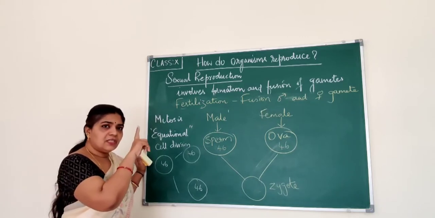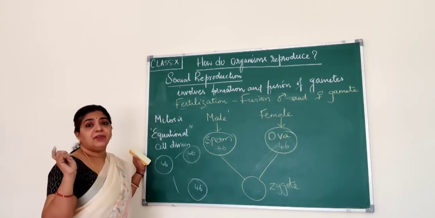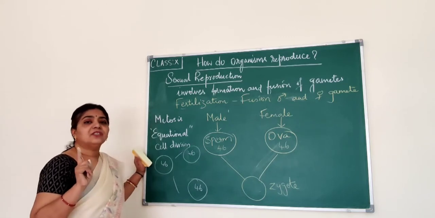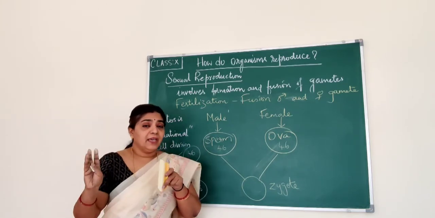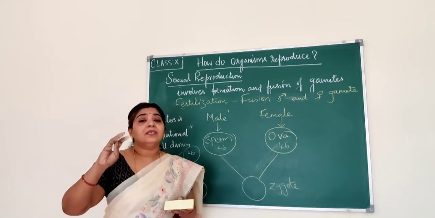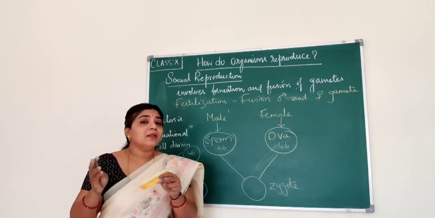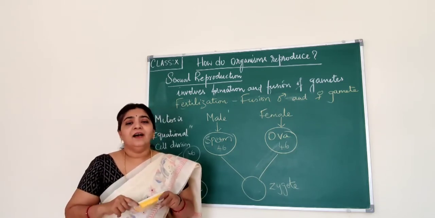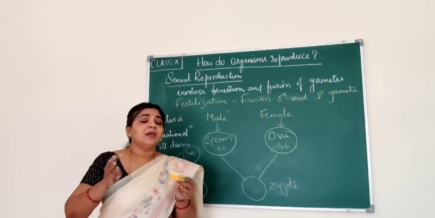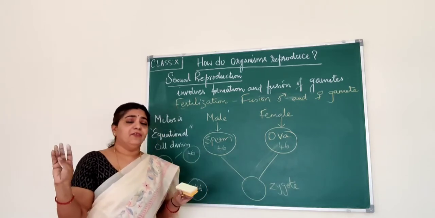Mitosis we see throughout our life cycle. But meiosis cell division starts from a certain age, after the boy or girl reaches the age of puberty, that is teenage. That is when meiosis cell division will start in their body, from the age of puberty to a certain age.